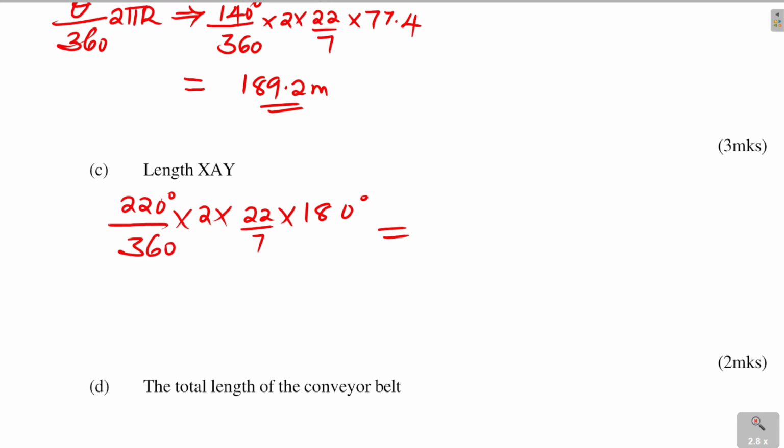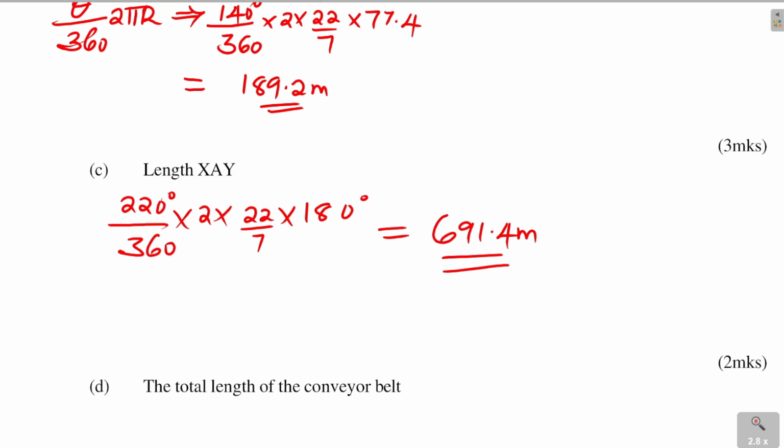So you have 220 times 2 times 22 times 180, and this gives 691.4. So that is the length XAY.